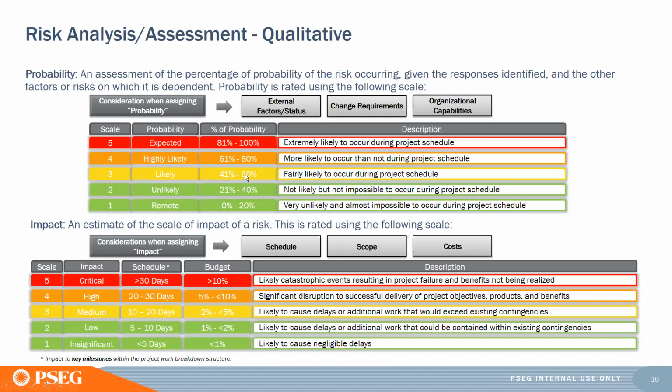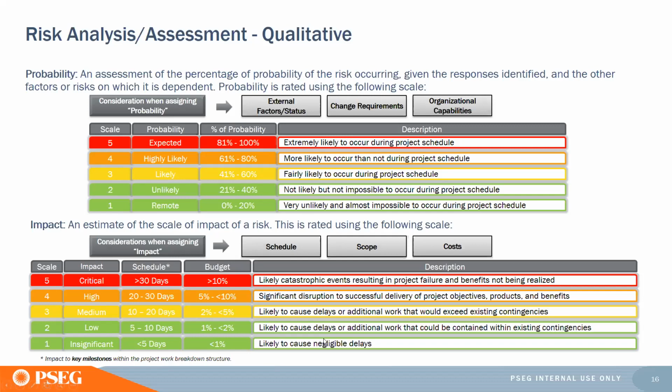So say I have a risk that is fairly likely to occur during my project schedule, and I say, yeah, it's about a 50-50 chance that that would occur. Well, that probability is likely, and my probability scale here is a 3. So that's how I would rate that probability. I then look at the impact of the risk. I might determine that, yeah, it's fairly likely to occur. And you know what?